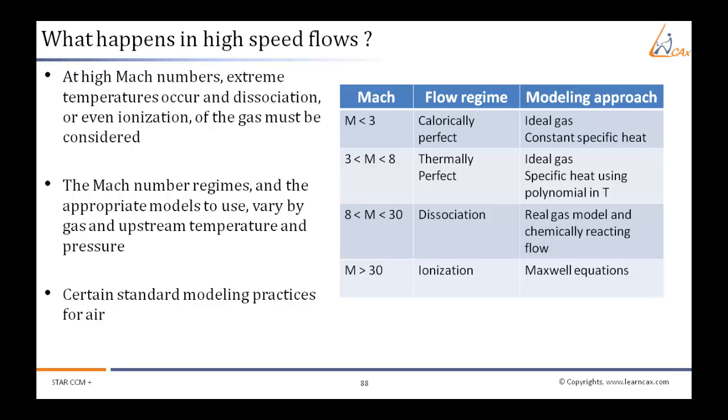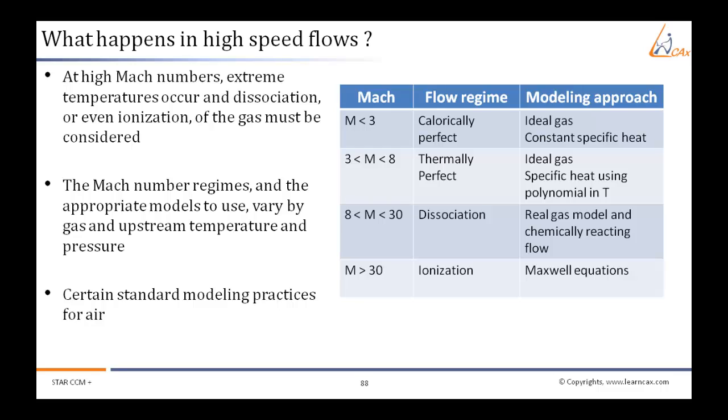When Mach number is between 3 and 8, the flow regime is thermally perfect, and here also we can use the ideal gas equations but with specific heat a polynomial function in T. For Mach number greater than 8 and less than 30, there is dissociation.